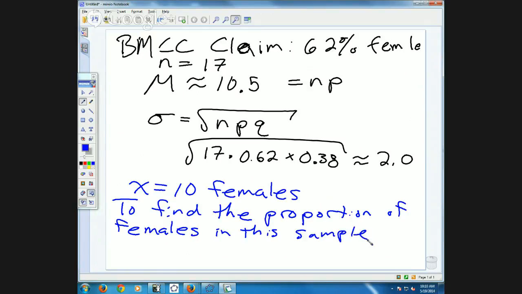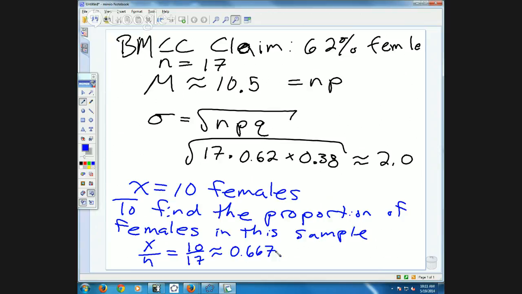What do I do with arithmetic? Yeah, 10 divided by 17. Okay, so that's x over n. And for us, that is 10 over 17. And can I have 3 decimal places on that?